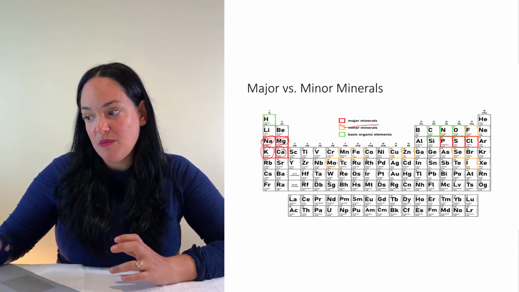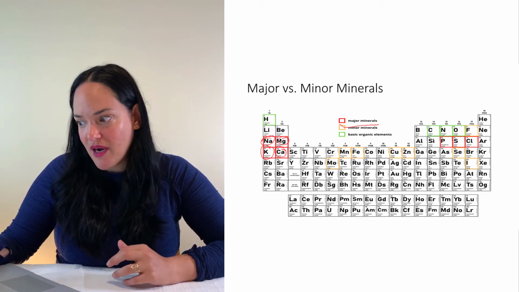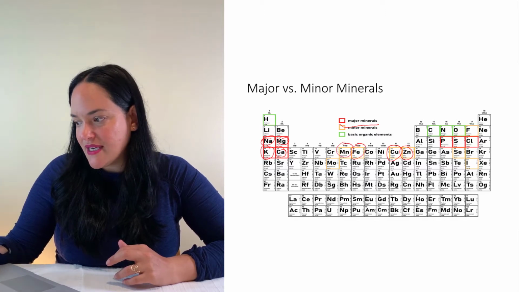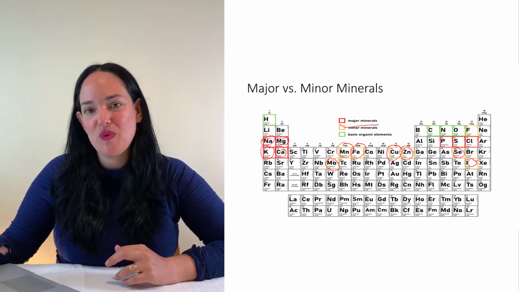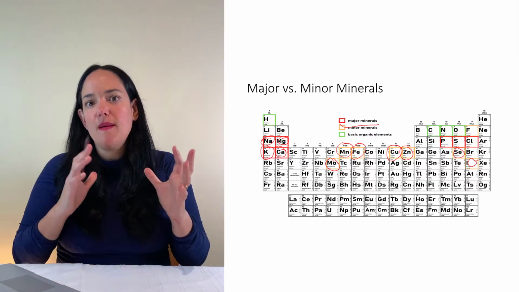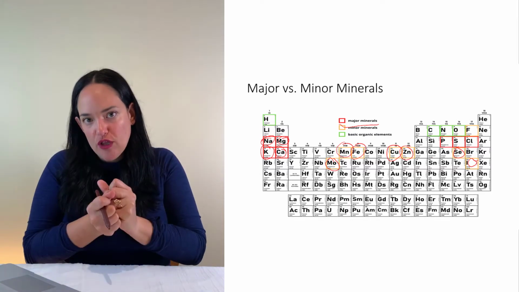These are, again, some of our major minerals. We also see all of our minor minerals here. We see copper, zinc, iron, manganese, molybdenum, and iodine and selenium as well. Okay, so like we said, minerals are chemical elements that form solid compounds.